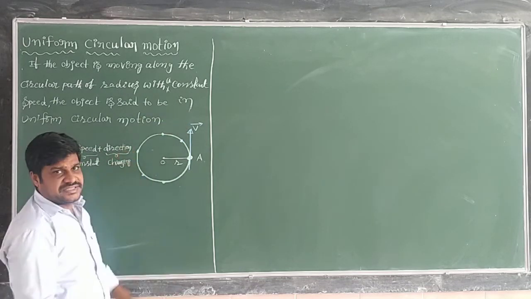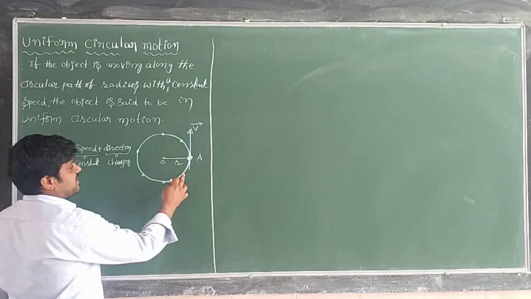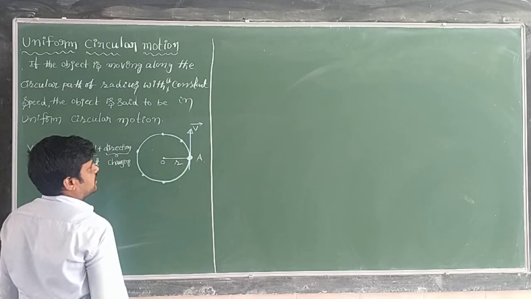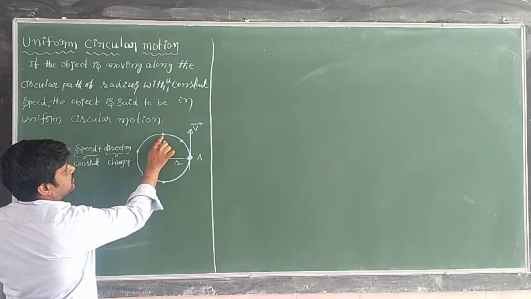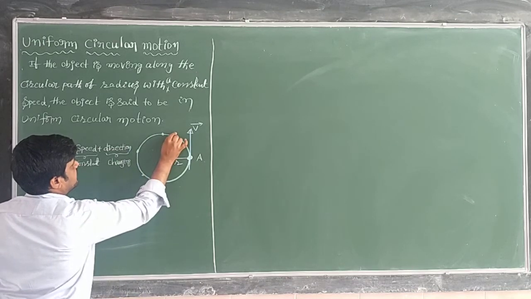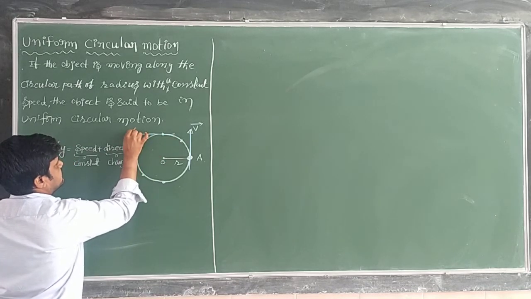Tangent means the line which touches the circular path at that point. Here, the direction of velocity is along the tangent to the circular path at this point.